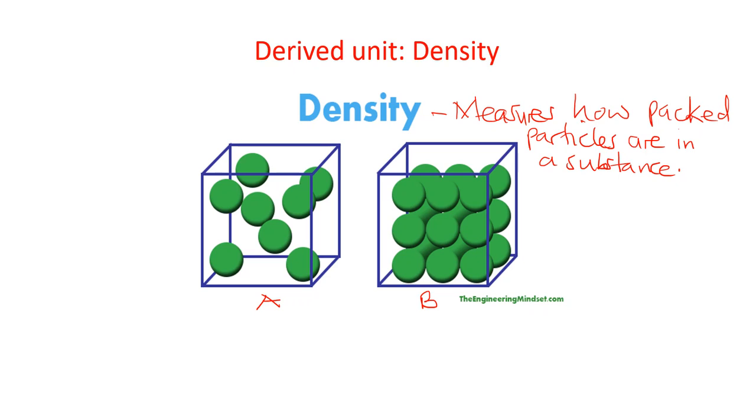So B has higher density than A because particles in B are more packed than the particles in A.